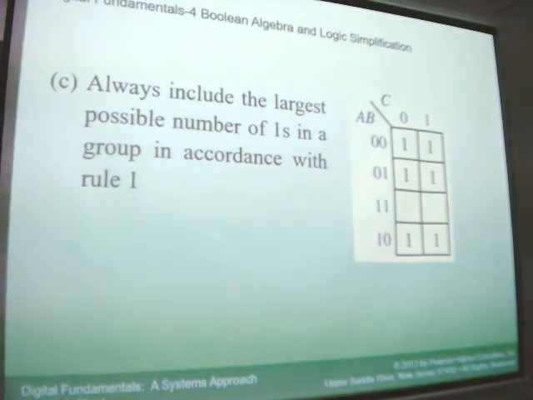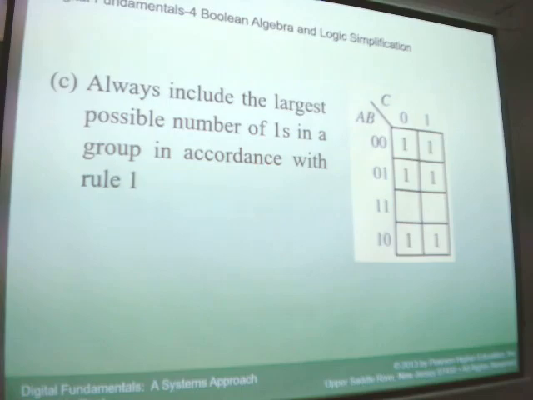The largest is very, very important. So if there are eight cells adjacent, we cannot group four ones. We cannot group four because the largest possible number is 8, not 4.